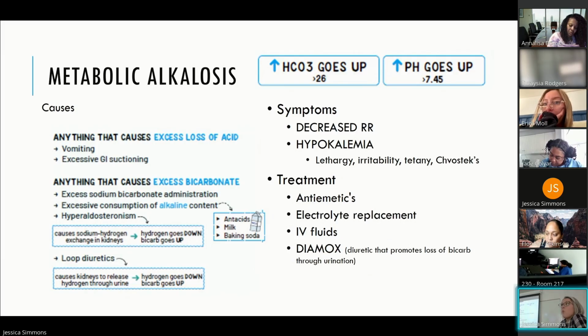Hydrogen is what? Hydrogen and CO2. Carbon dioxide is what? I just said it. Acid. If you have less hydrogen, less carbon dioxide, you have less acid. If you have more of either of those, you have more acid.